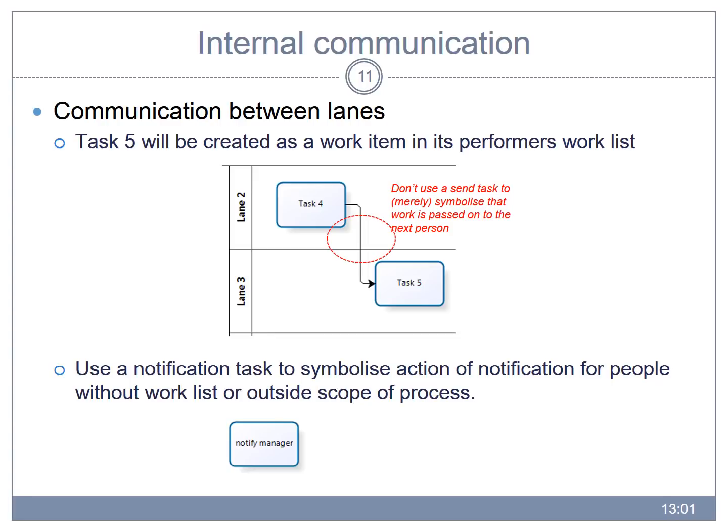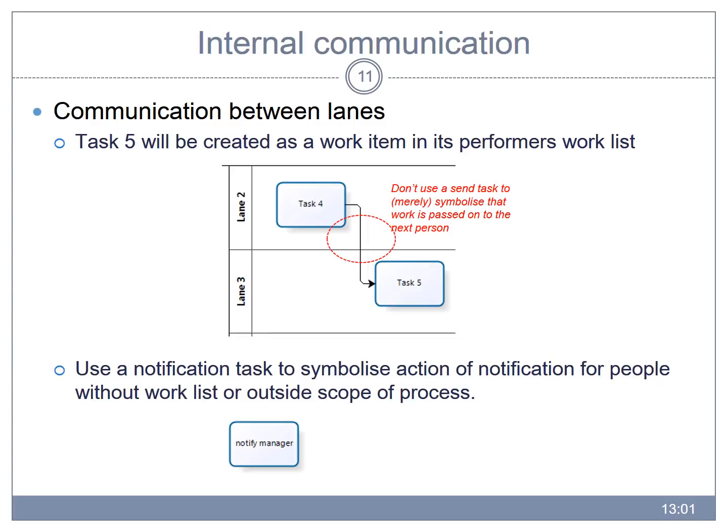So when you have, like in the little example here, task 4 in lane 2 and task 5 in lane 3, you have a sequence, and it actually means that immediately as task 4 is finished, task 5 will be put on the to-do list of the person that corresponds with lane 3. So it's not necessary to have a send task just to symbolize that the work is passed on to the next person.